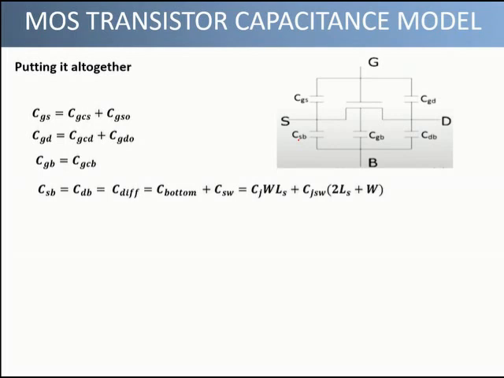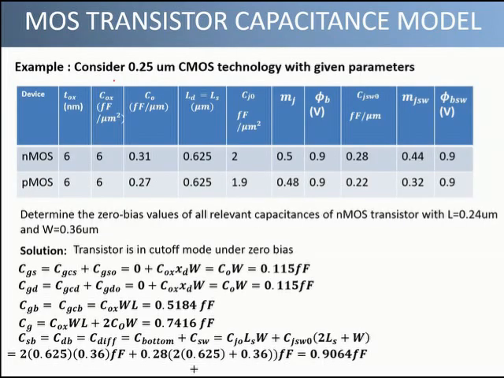CSP is the total diffusion capacitance between source and body PN junction, and this is equal to the diffusion capacitance of the bottom plate plus the diffusion capacitance of the sidewall. As we assume that the source and drain terminals are identical in their physical parameters, both of these terminals have equal diffusion capacitances.